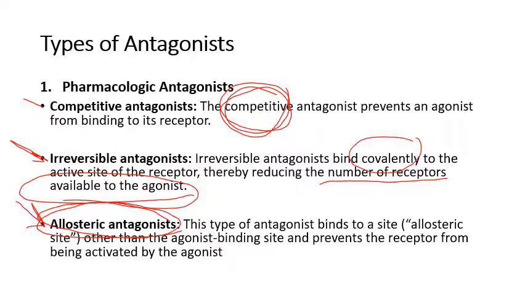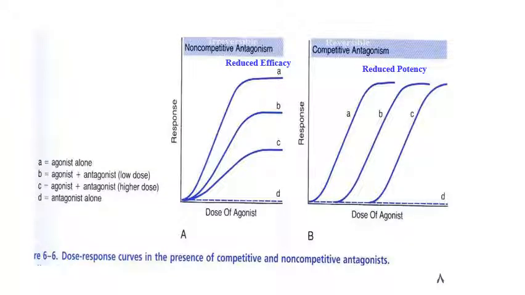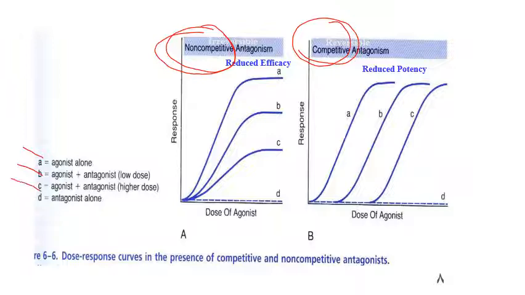We'll explain this with a figure in the next slide, inshallah. So here we just need to correlate between competitive and non-competitive antagonists: in the presence of full agonist, in the presence of agonist and antagonist, agonist and antagonist at higher dose, and the presence of antagonist alone.